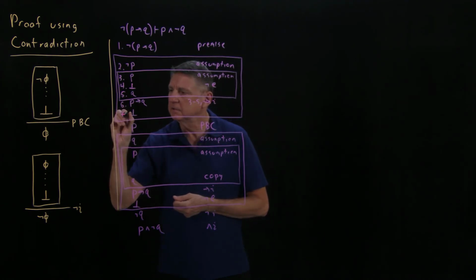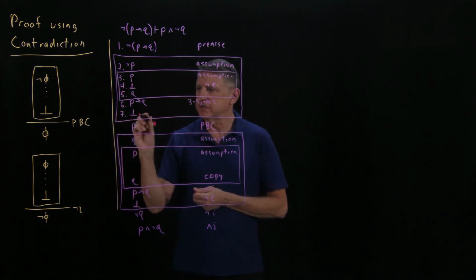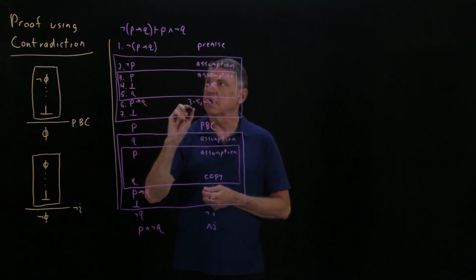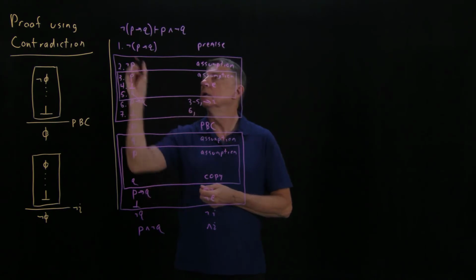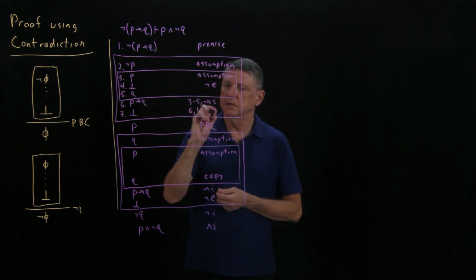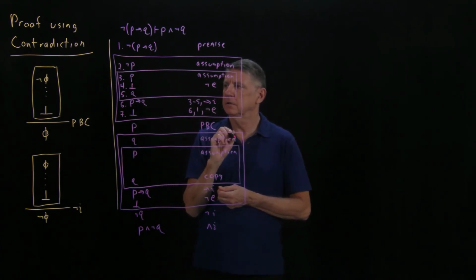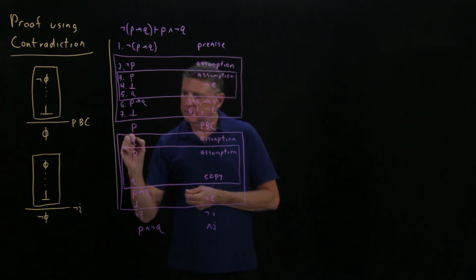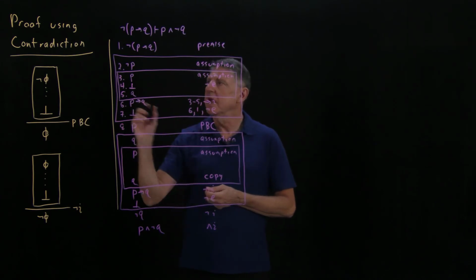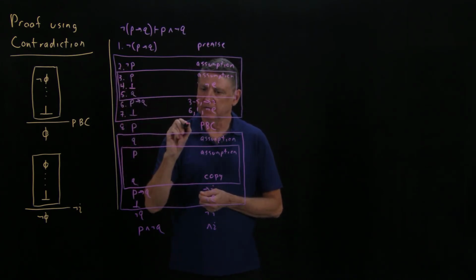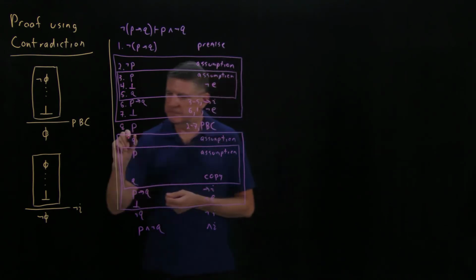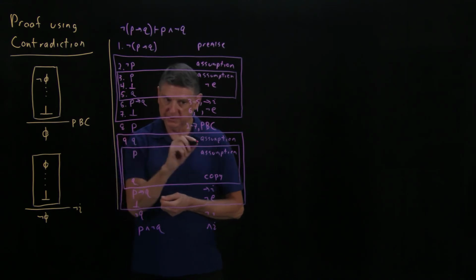Line 7 is a contradiction, and that comes from line 6, line 1, and that is negation elimination. This is now line 8, proof by contradiction, and I arrive at that by the reasoning of lines 2 through 7. This is now line 9, which is an assumption.